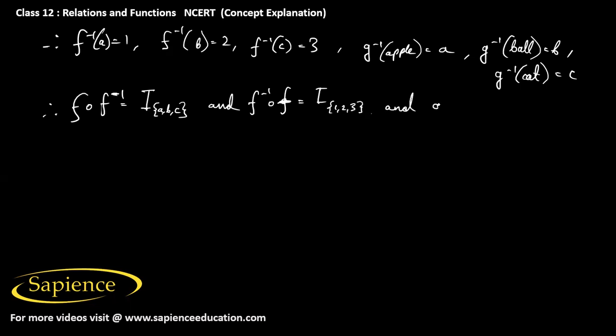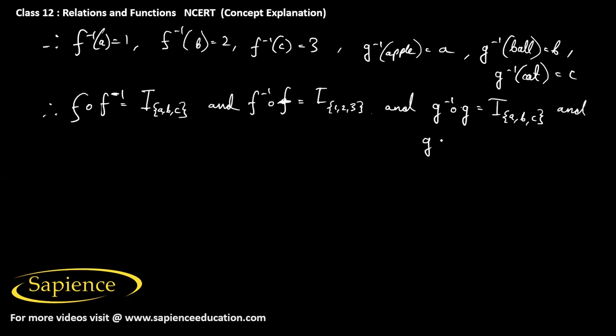And similarly, g inverse of g, suppose g inverse of g of a, is again a, so it will be the identity on the set ABC.